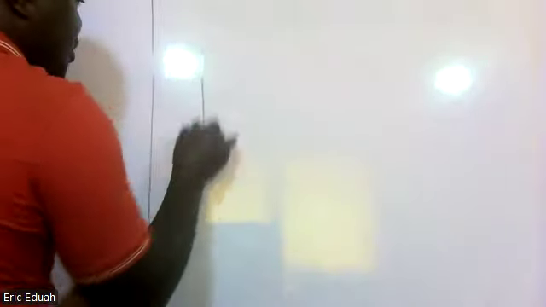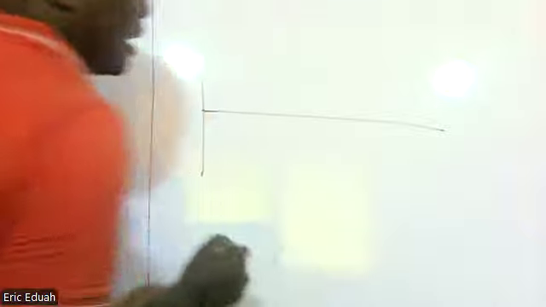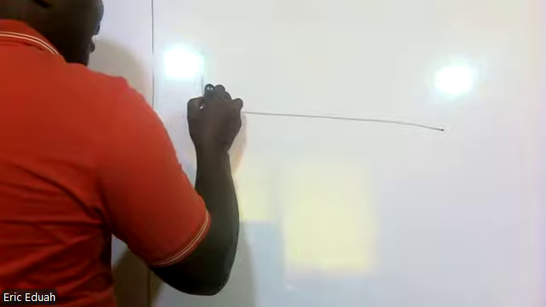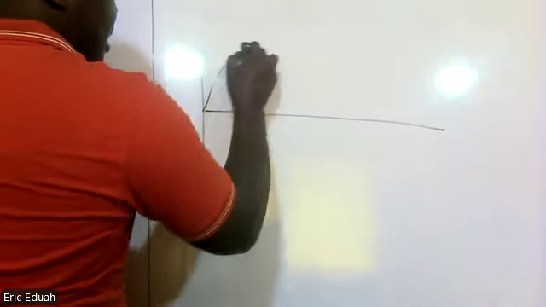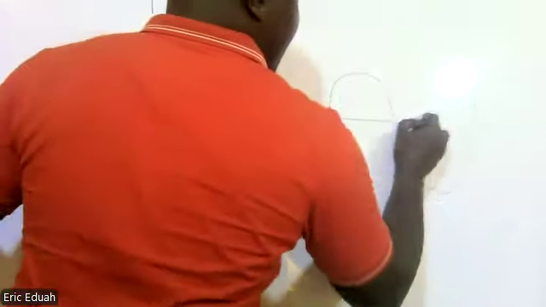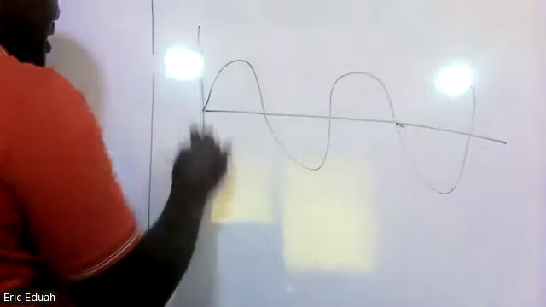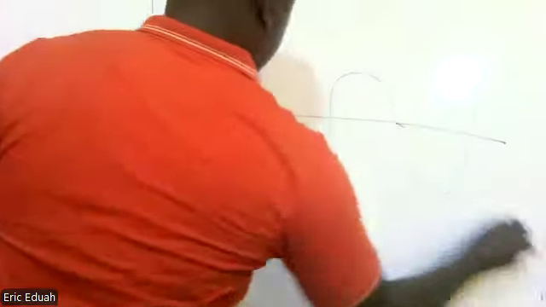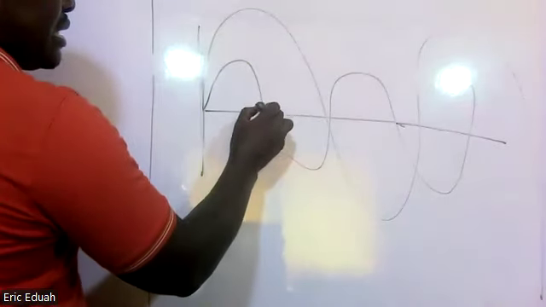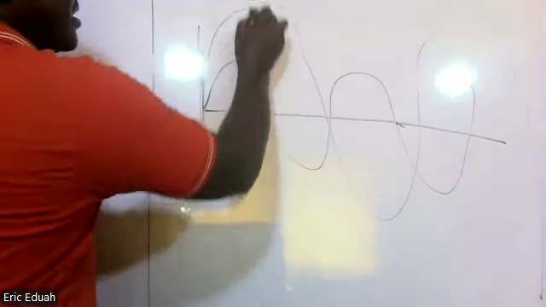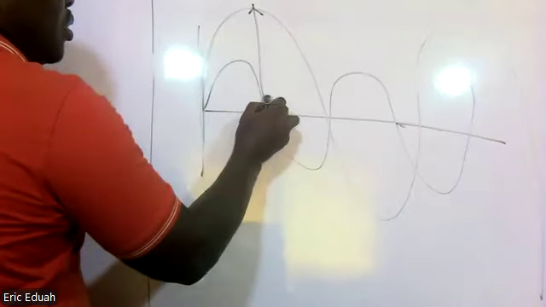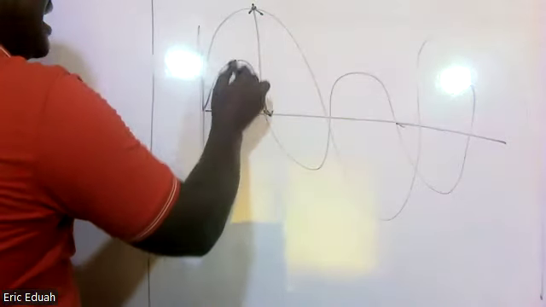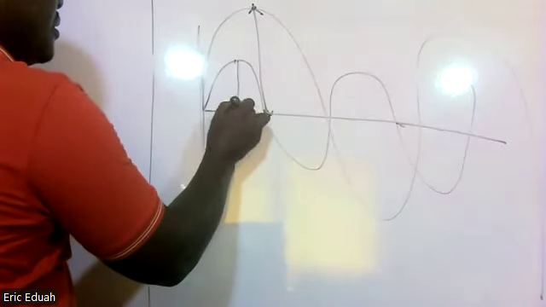The amplitude, if we draw a progressive wave, a wave is like this. If I should draw another one, and it is like this, the size from the x or the time axis to wherever the crest is determines the energy carried by the wave.